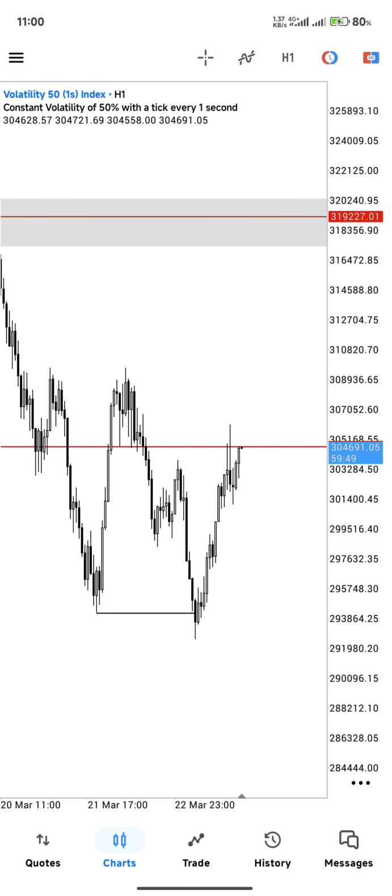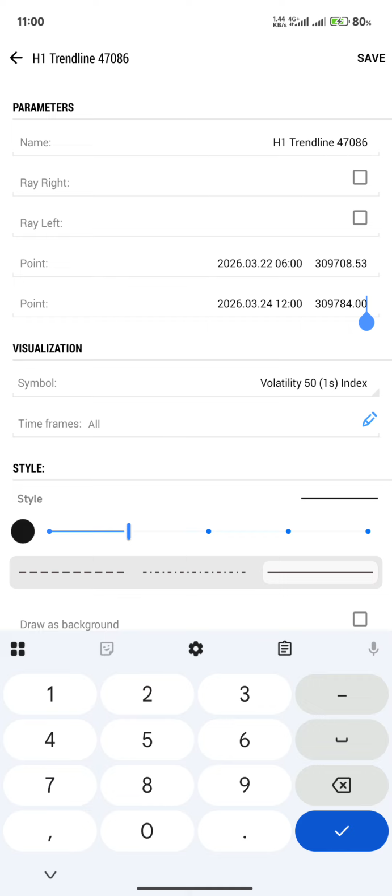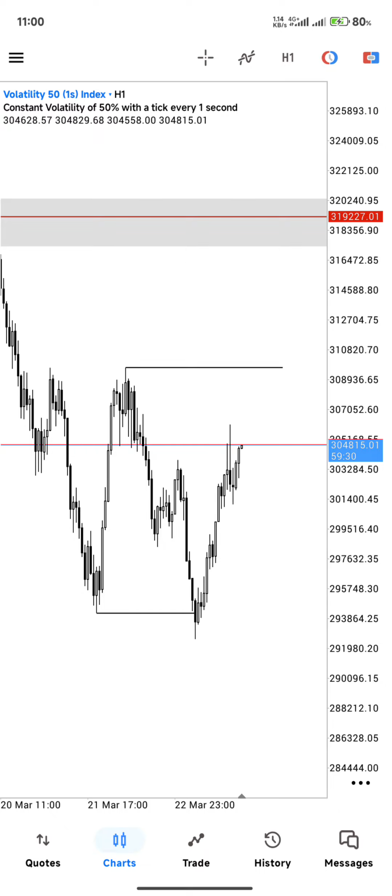You notice price has taken out our liquidity, and prior to this, this is the high that took out that low. So that high was formed there. So we know currently, on the short term, where we're expecting price to get to.